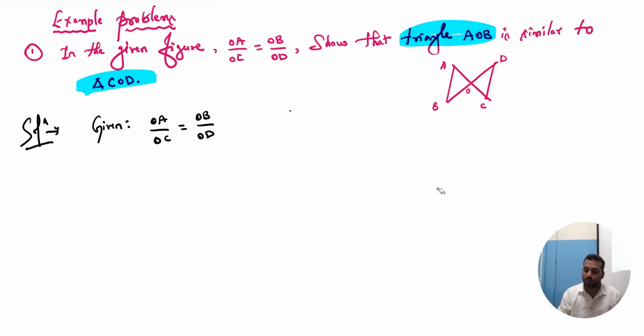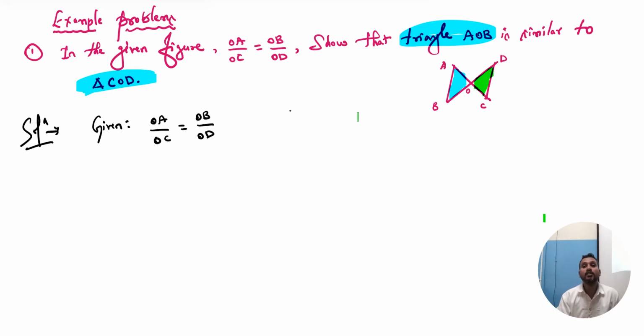Don't get confused. Now in these two triangles, they have already said that these two sides are proportional. OA side is proportional to OC. Now, sir, which is triangle AOB? Can you see the part which I am shading here? This is the triangle AOB, and this part is triangle COD.